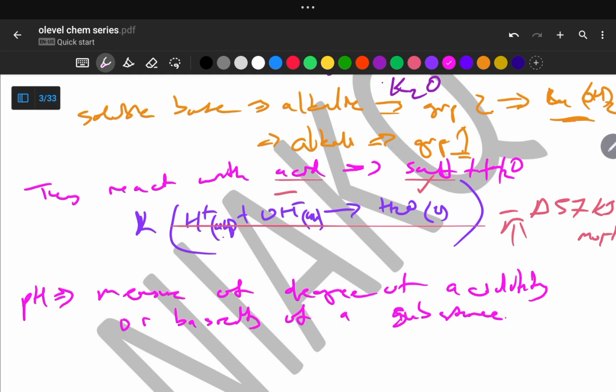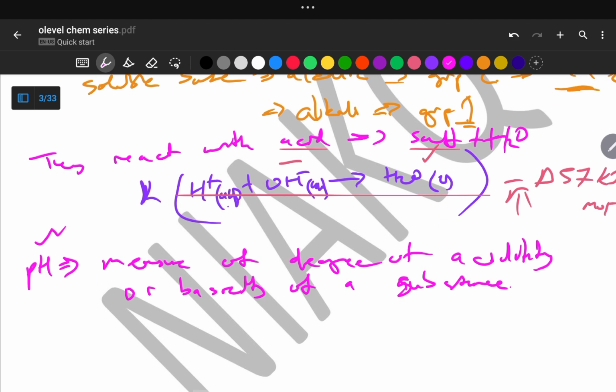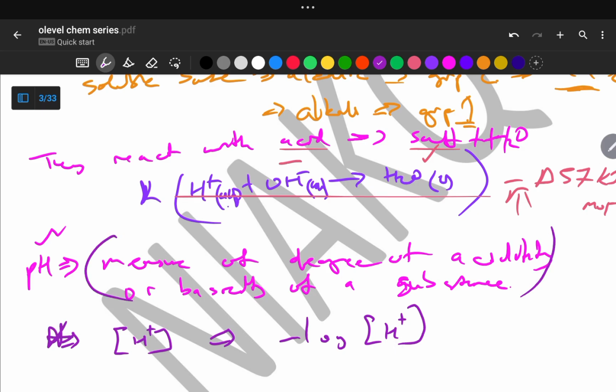Are we together? So this is the definition for pH. At times pH is defined as the measure of concentration of hydrogen ions in a solution. So pH is negative log of the concentration of hydrogen ions, but this is for A-level. For you guys, you only need to know this definition.